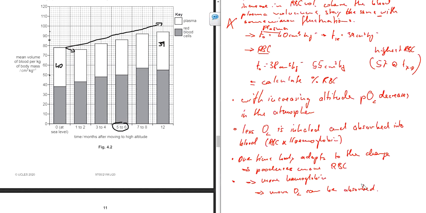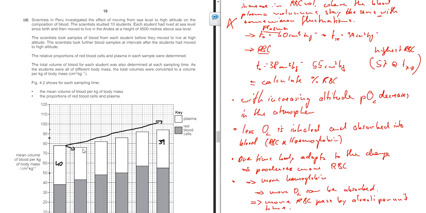So we really need a percentage increase of red blood cells, which will basically cause more red blood cells to pass by the alveoli per unit time. That's quite important. All right, that is question 4 completed in detail.